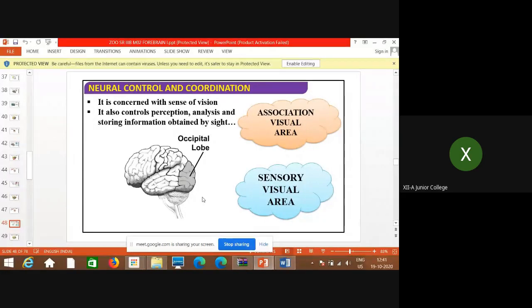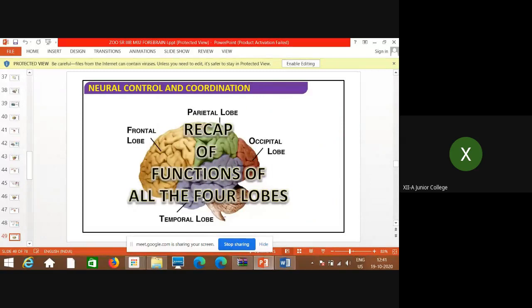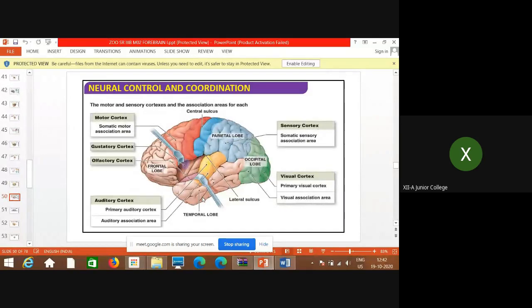Okay, then next, this is again a recap. You can remember the areas of the cerebrum, or you can say the brain: frontal lobe, parietal lobe, occipital lobe, and temporal lobe, along with the functions. Again, in the diagram, everything is shown.